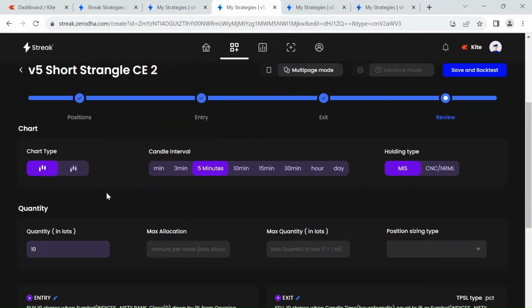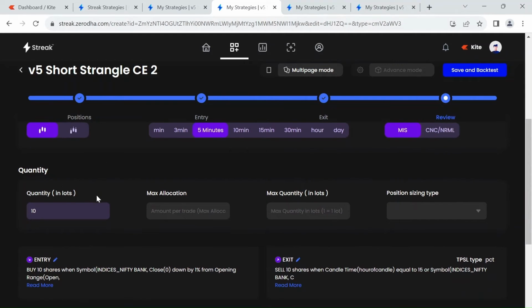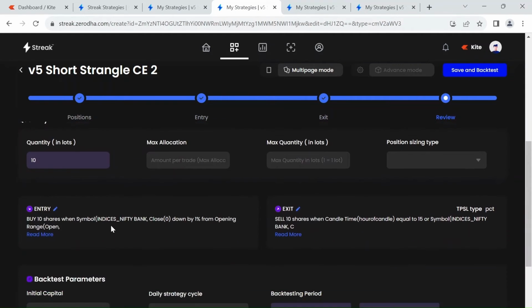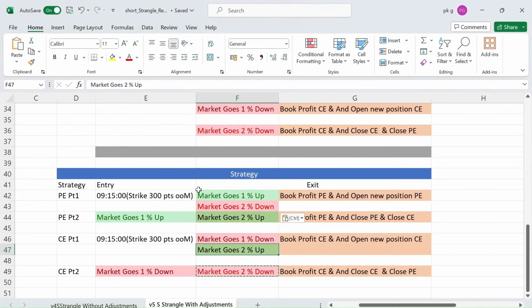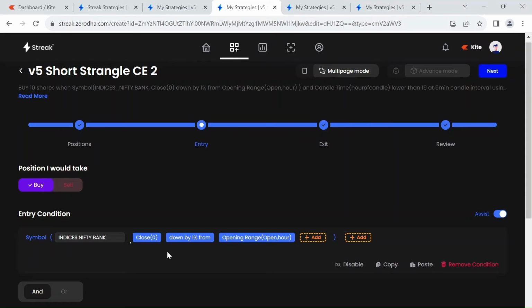And all these things are same as part 1 strategy, and these are same for all of these strategies. And what is the entry condition for CE part 2? Market goes 1% down.